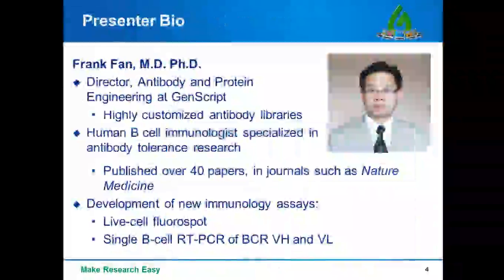Bringing his expertise to GenScript, he has strengthened our capacity to offer highly customized antibody libraries, including a synthetic phage library based on alternative scaffold proteins and monobody and minimalist phage libraries based on binary coding. Dr. Fan holds both a PhD from the Graduate School of Biomedical Sciences from Hiroshima University in Japan and a medical degree from the Faculty of Clinical Medicine at Xi'an Jiaotong University in China.